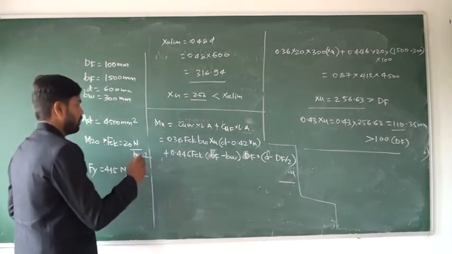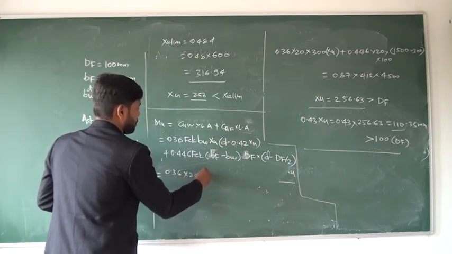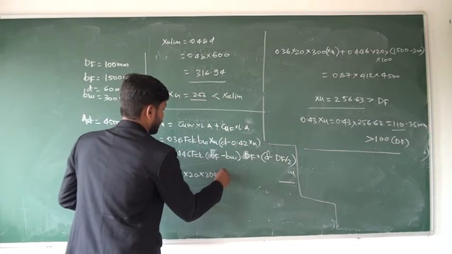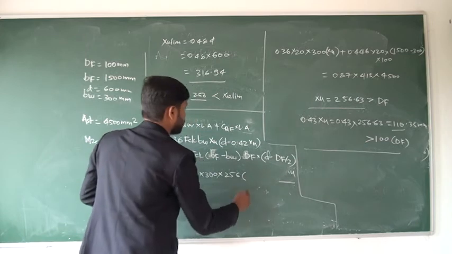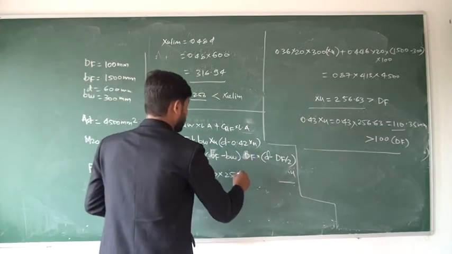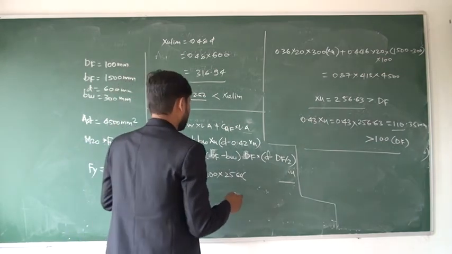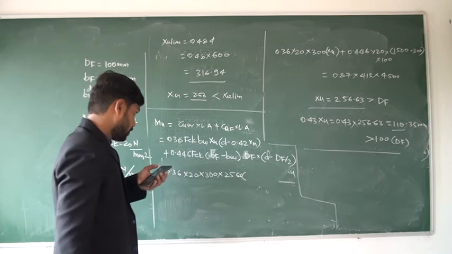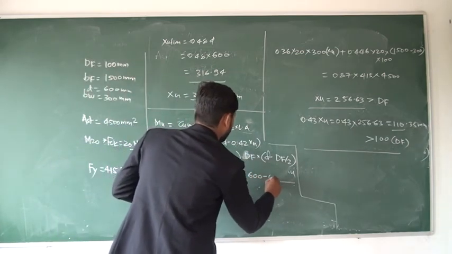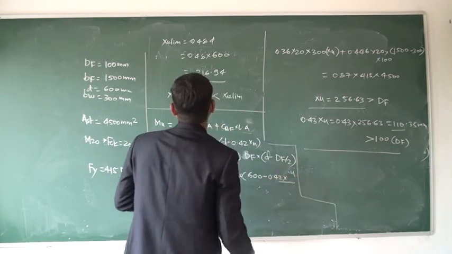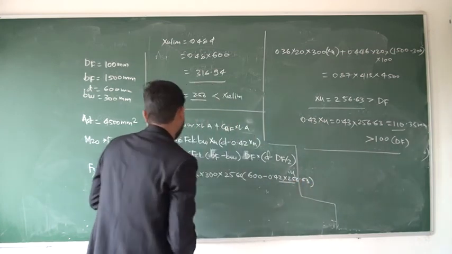Now substitute all the values. 0.36, FCK is 20, BW is 300, actual XU you have to substitute, 256.63. Then D is 600 minus 0.42 XU, again 256.63. First part is complete.